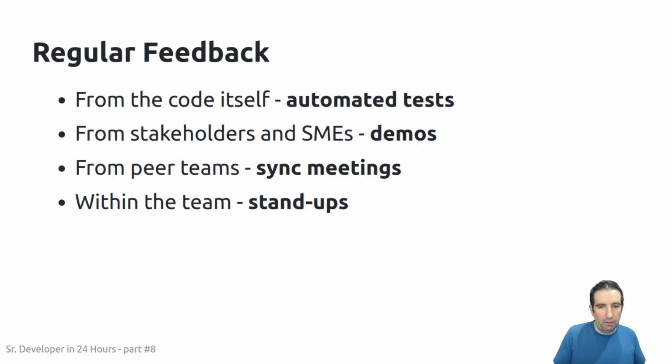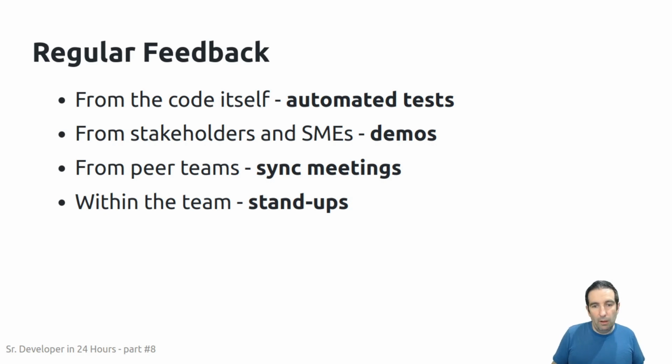From the code itself, automated tests are the best way in which we can get that feedback quick enough. For stakeholders and SMEs, we do regular demos to show them the progress that we've made, and for them to call out if something is missing, if something is not really what they expected, if there's any kind of functionality that we have to add or adjust, things like that.